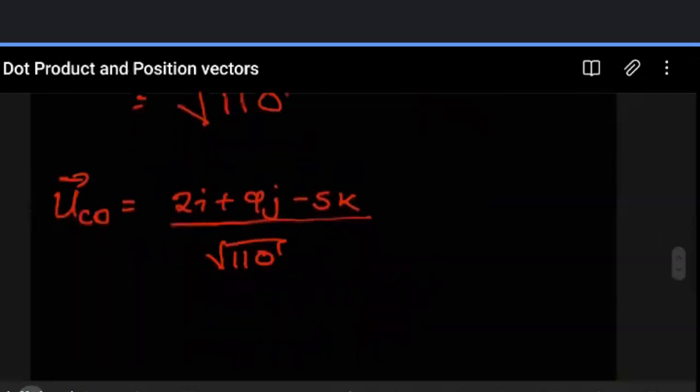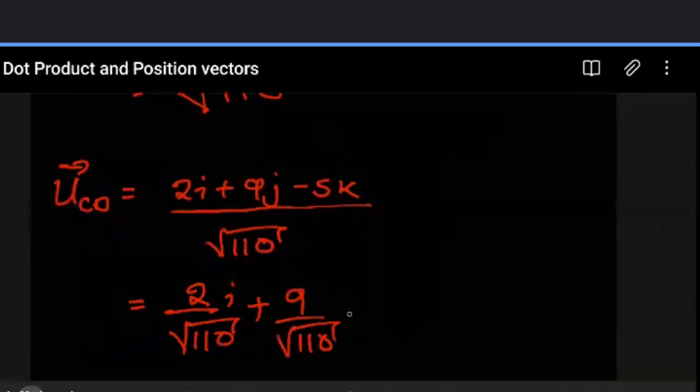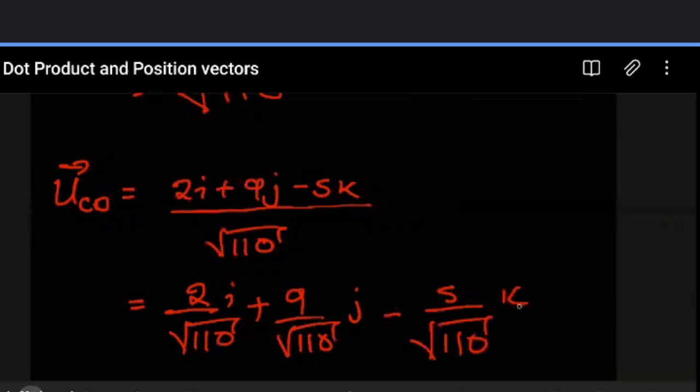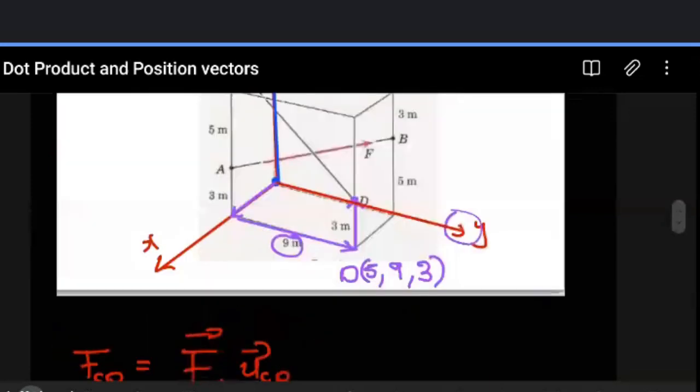So this is now over this, plus again the same, and then minus 5 over the same. So we have got our unit vector. Now we have the unit vector pointing from C to D.